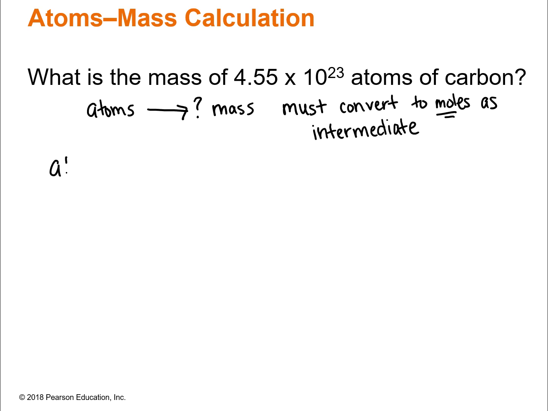So what this really is, is going from atoms to moles for part 1, and then going from moles to mass. Now this should look familiar because we did both of these simple problem types. We did atoms to moles using Avogadro's number.